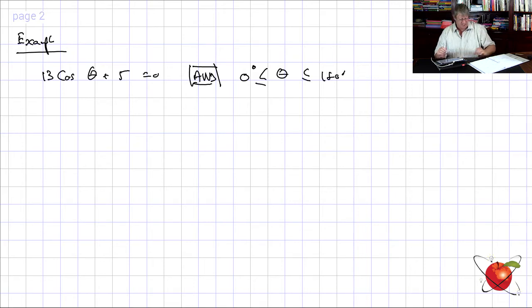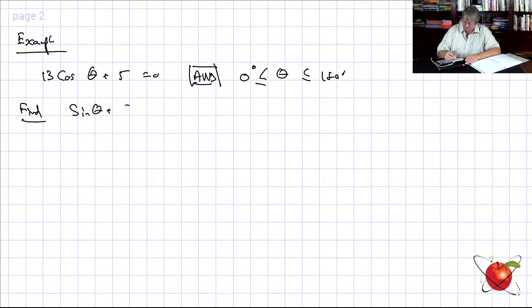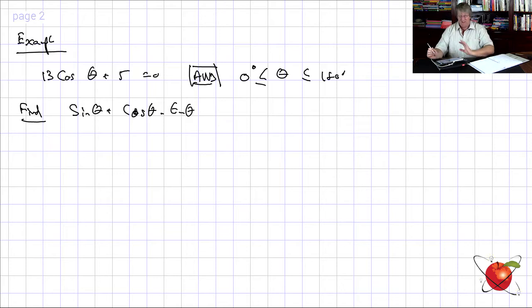And for argument's sake, they say to us, find cos theta, or let's say they say, find sine theta plus cos theta multiplied by tan theta, or something. They ask us to find something, okay?